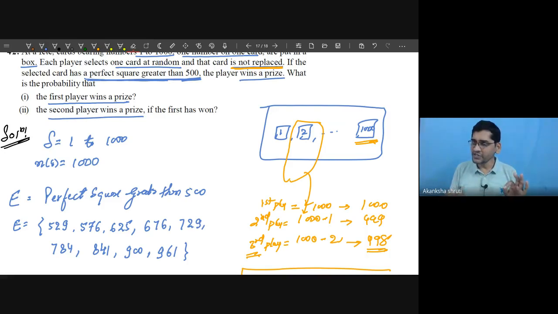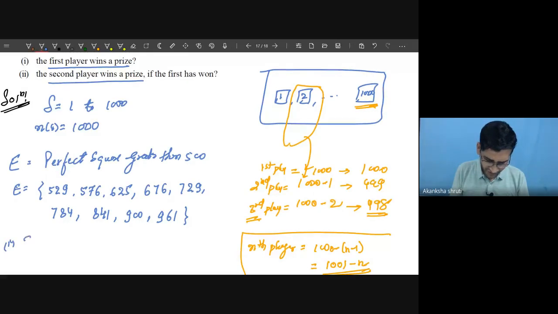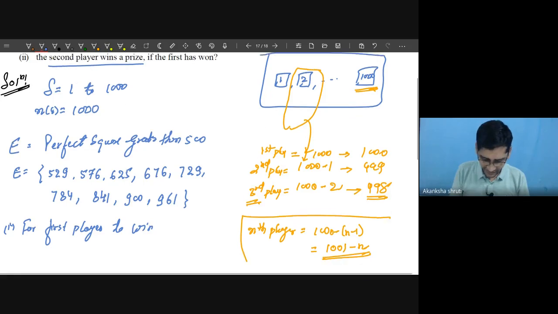So if one of the players is going to try this game, then he must have one of the cards among this event. So right, for the first player to win, what is the event?